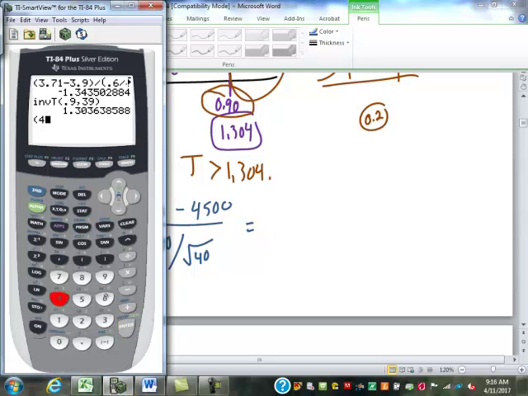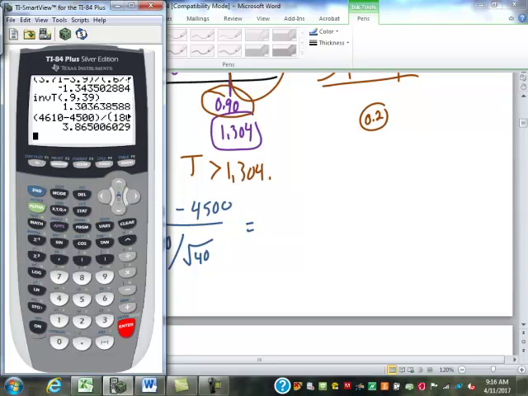Open parentheses, 4610 minus 4500, close the parentheses, divided by, open parentheses, 180 divided by the square root of 40. You either have to close the parentheses on the square root and then close again, or arrow out of the square root and close the parentheses like I did. We get 3.865.